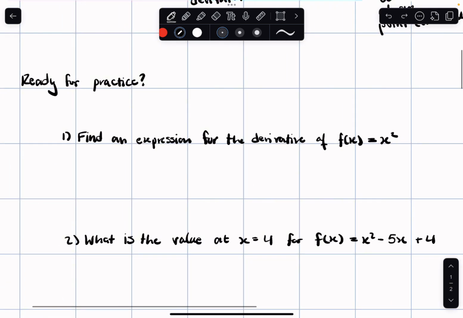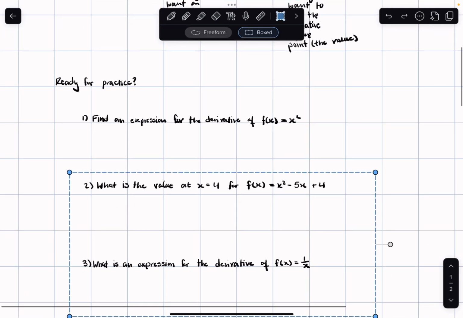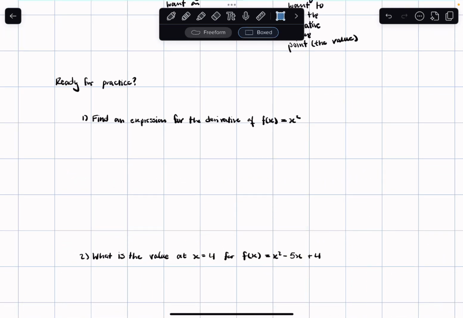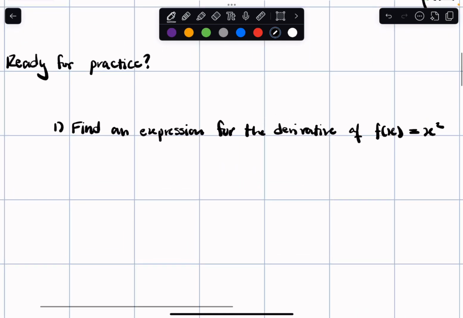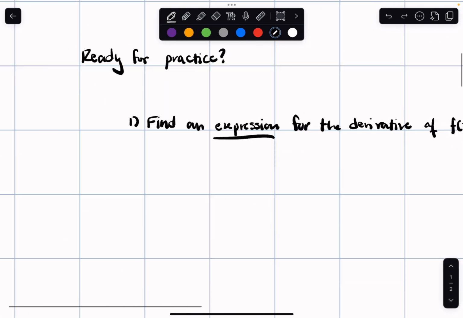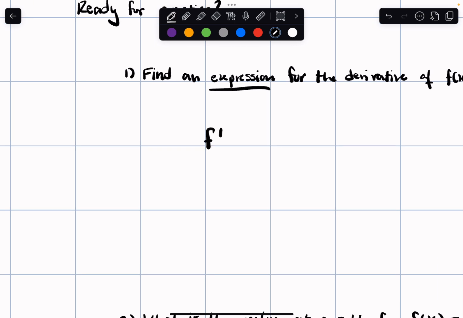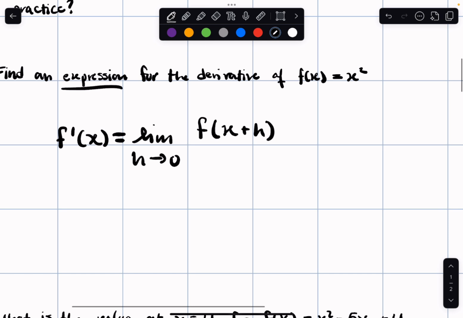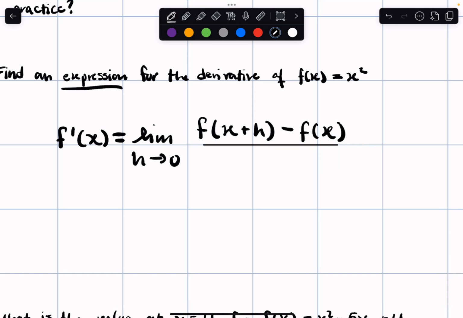So for question 1, find an expression for the derivative of f of x equals x squared. So we want an expression, so we're going to use the first one. So we're just going to copy it down. So f prime of x is equal to the limit as h approaches 0 of f of x plus h minus f of x divided by h.